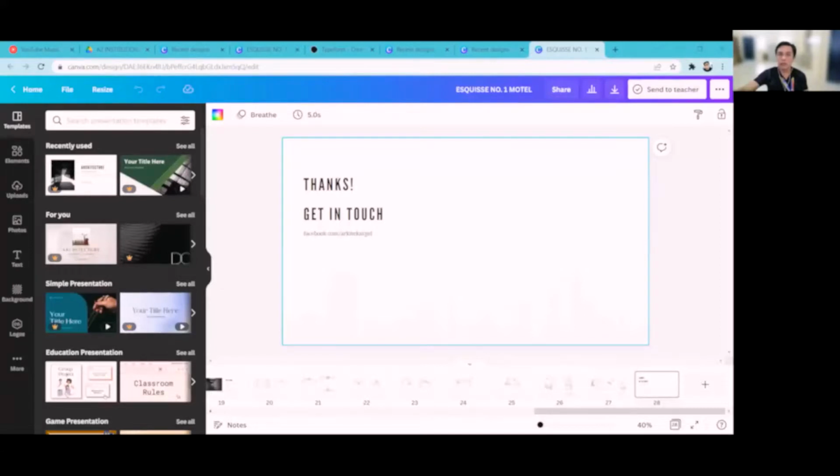So I think malinaw naman na yung discussion about model. Ngayon we are going to discuss the esquisse number plate activity para malinaw.